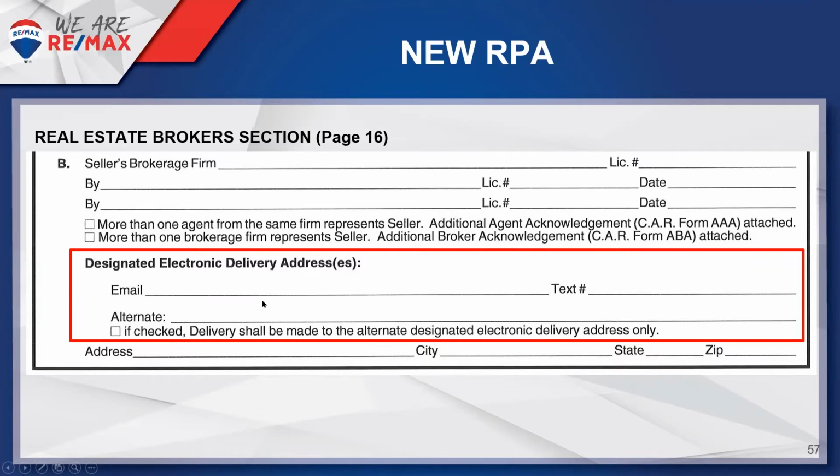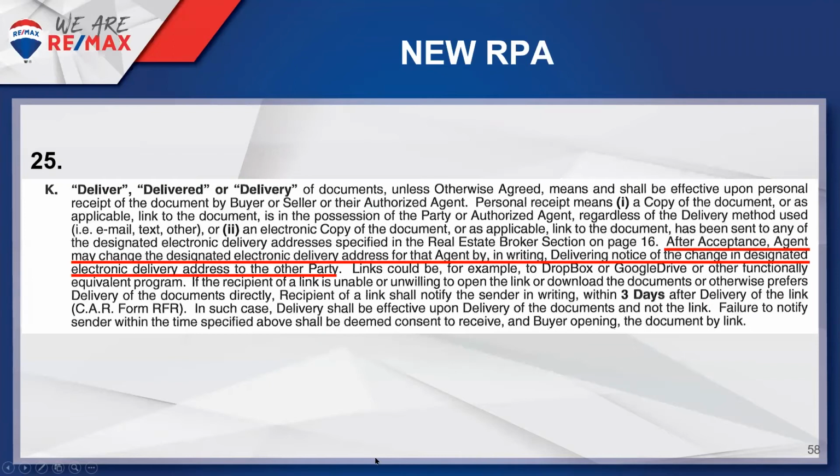And if they don't give you an email address or there's not one here, then because the contract says the email address listed in the broker real estate section, page 16, and if one's not listed, you should counter that needs to be provided. So call me if you're having problems with agents providing you offers or listing agents are not providing you email addresses that you can then point to as the bona fide delivery address, if you will.